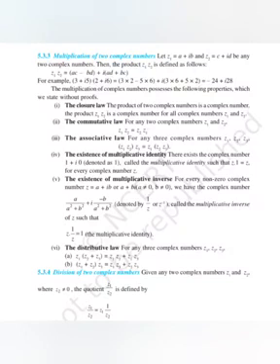Closure property. If we multiply two complex numbers, we get a complex number.